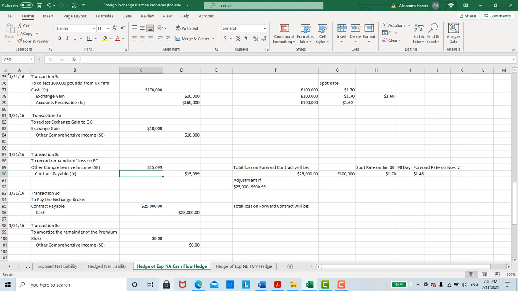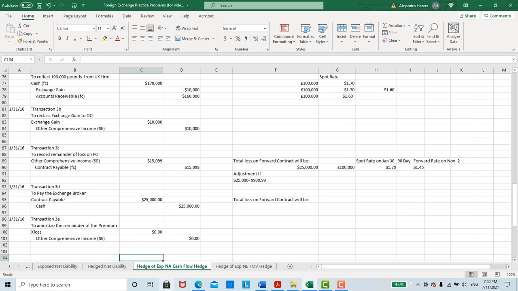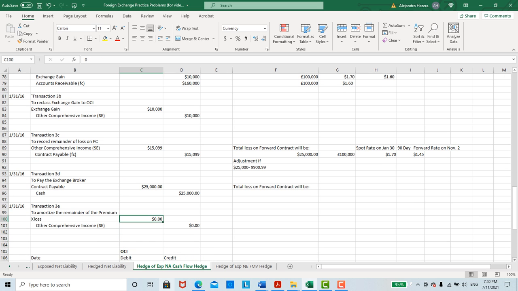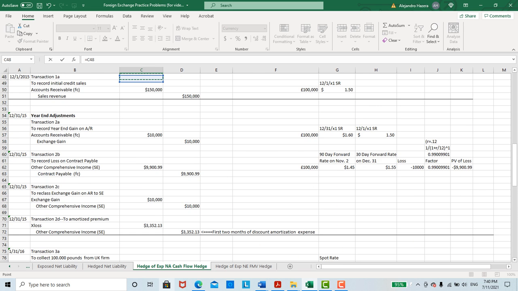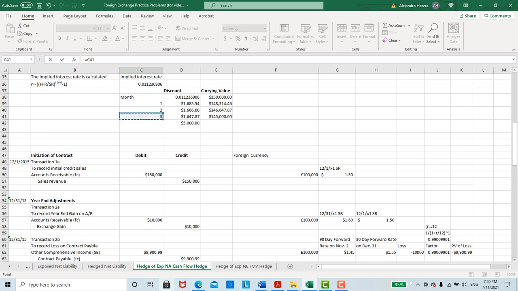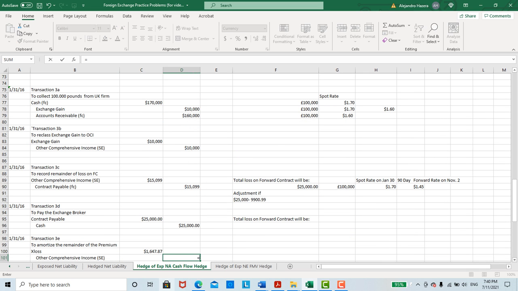So in a sense, taking out the contract payable, you end up losing money, but it was offset against some exchange gains there. And finally, we have to amortize the premium for the final month. There's an amortization table here, so you're going to amortize the premium for 1647.